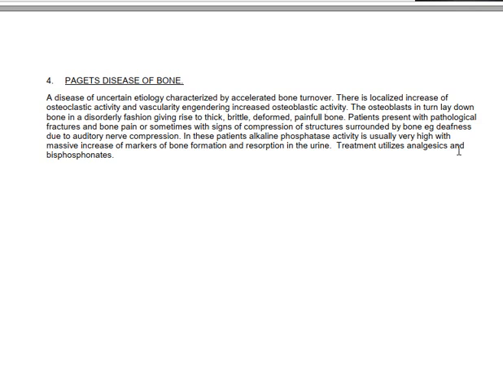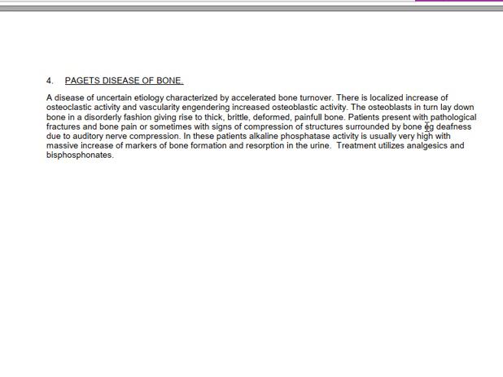Now, the osteoblasts in turn lay down bone in a disordered fashion. Since there is high turnover of bone, the bone that is being formed is not going to be a good bone, and the bone that is destroyed is also abnormal. That is going to give rise to thick, brittle, deformed, and painful bones.